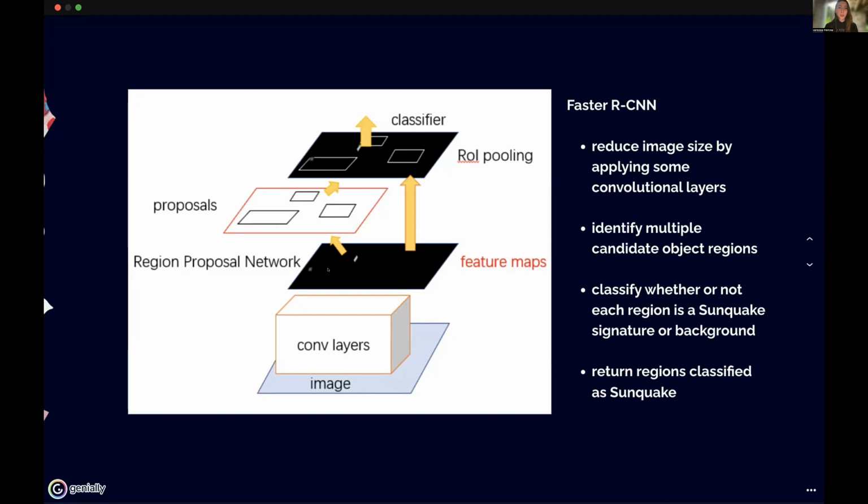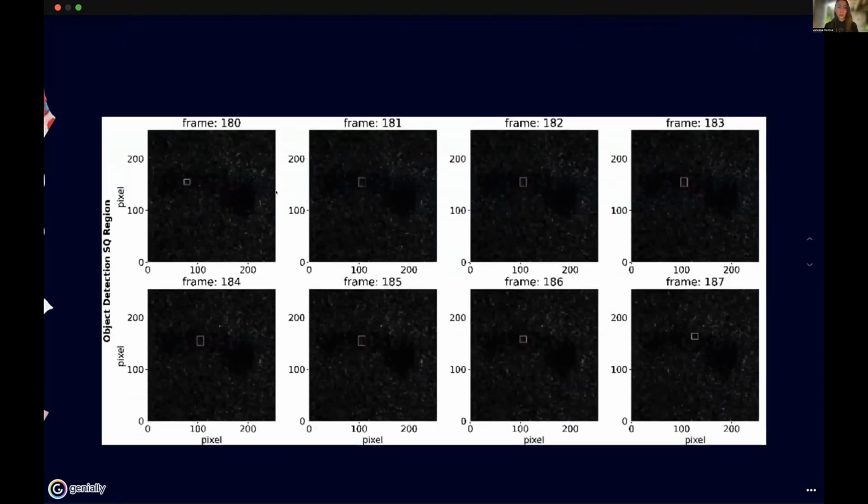On the smaller size, there is a network that performs an algorithm to select, in a smart way, regions where objects may reside, which are called region proposals. And then there is a classifier on top that takes the resized proposals and classifies them as Sunquake or background. Finally, the regions that are classified as Sunquake are returned to us.